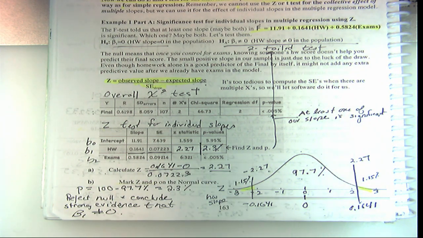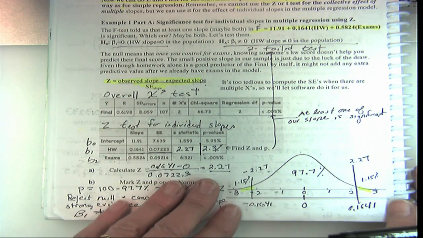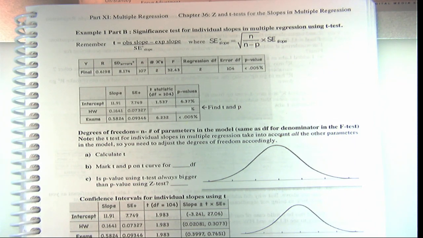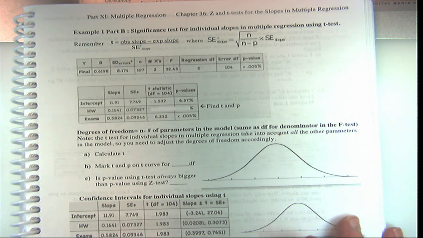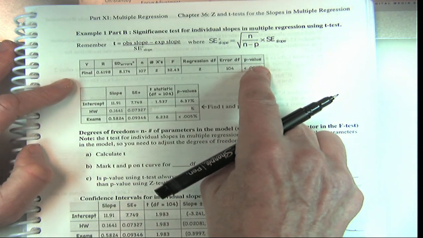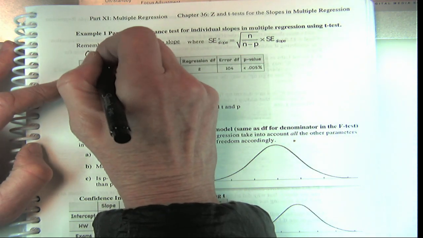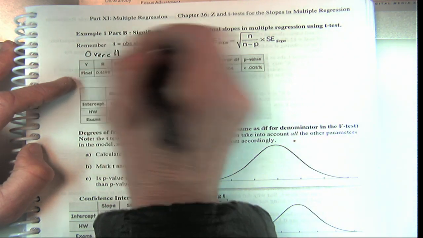Okay? Now we're going to do the same thing with the t and the f, and it will give us very similar results. We have a large sample size here. So let's see what we're doing here. Okay, so here's our overall f-test instead of the chi-squared. And we already did these.